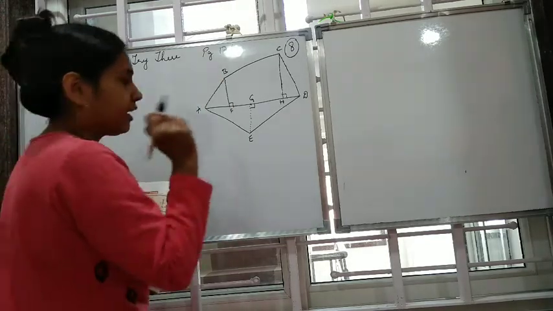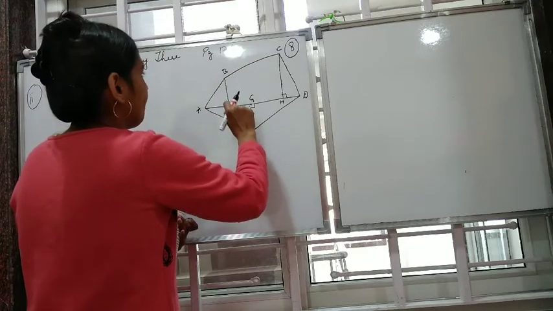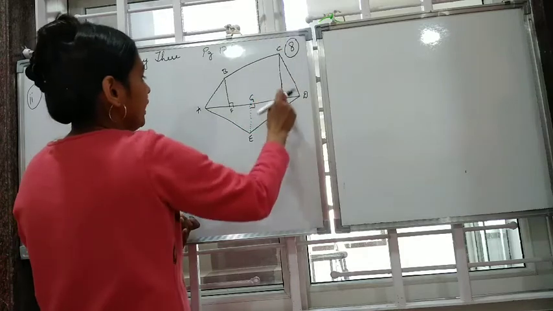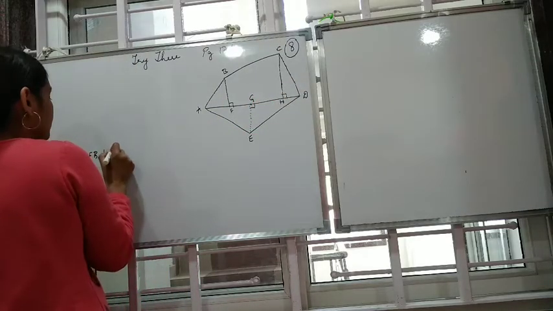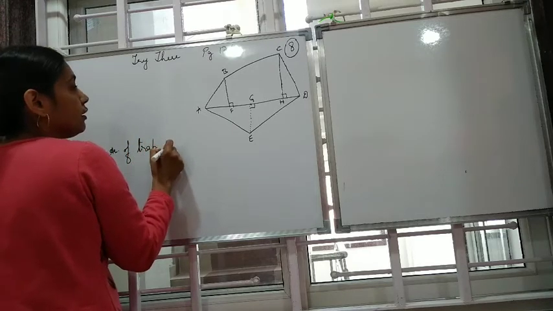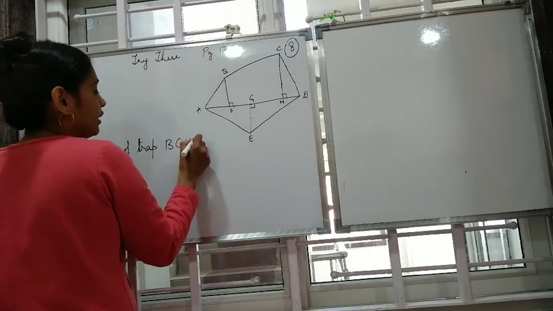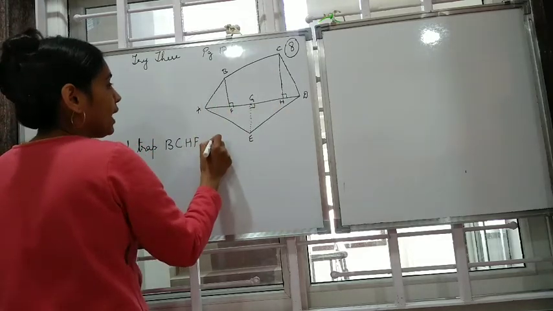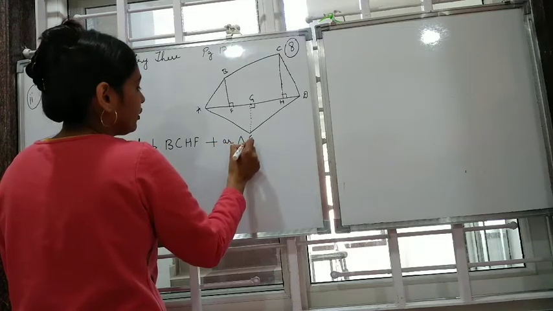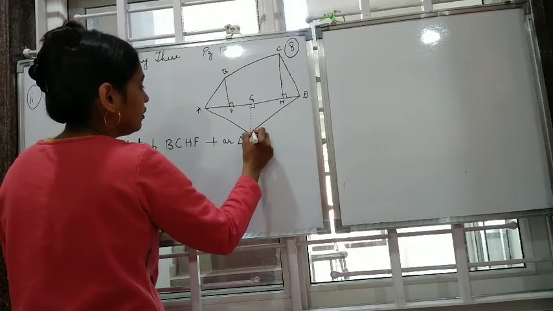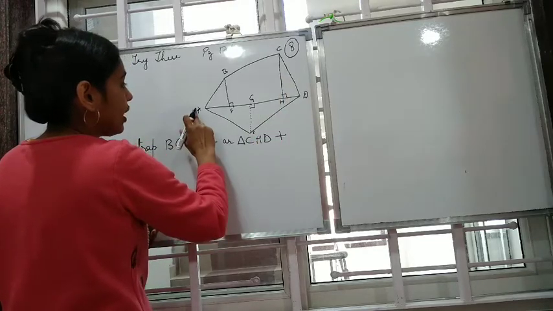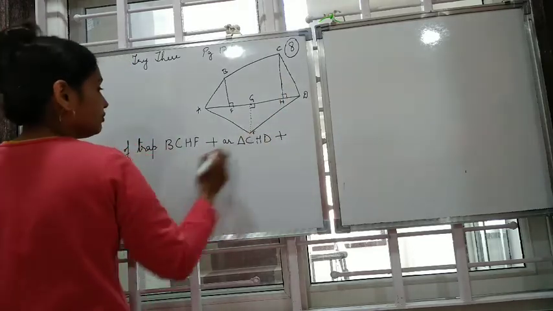Now we will write area of triangle BFHC, or BCHF, anything, plus area of trapezium BCHF, this one, plus area of triangle CHD, plus area of triangle AED.